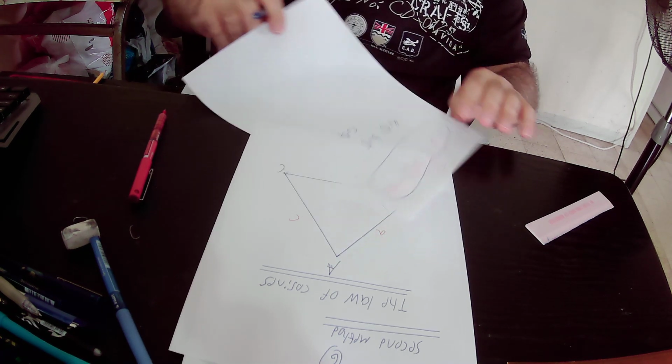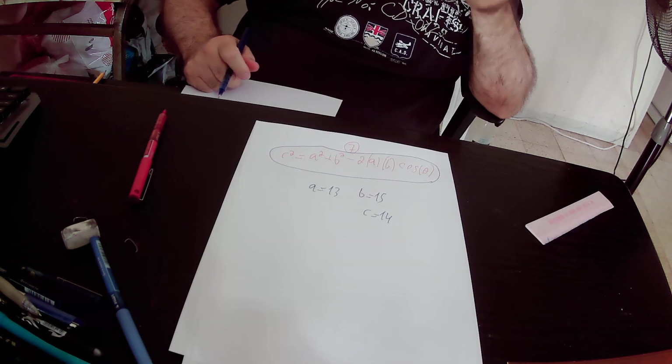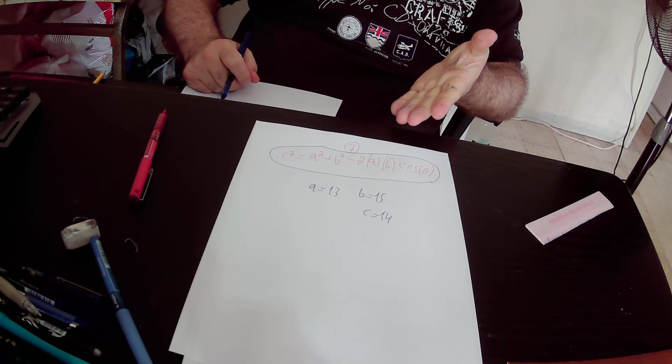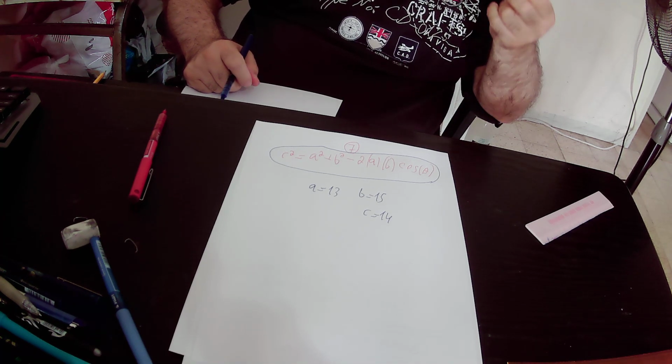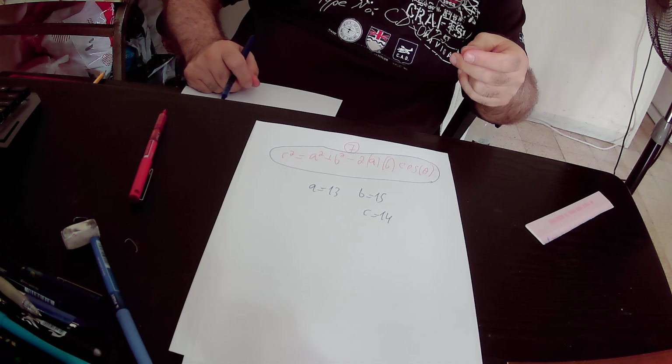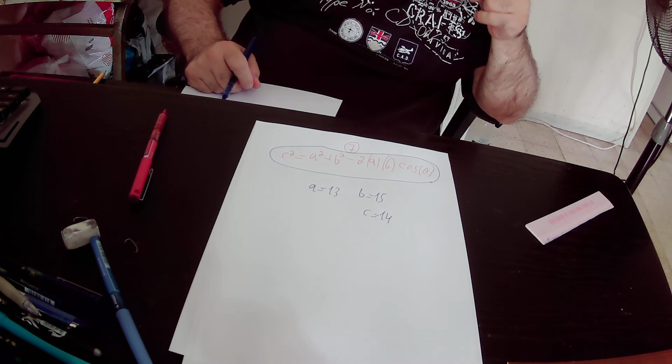The only missing variable here is cosine theta. So we can put the data inside this equality and find the value of cosine theta, and then we will find the value of angle theta.